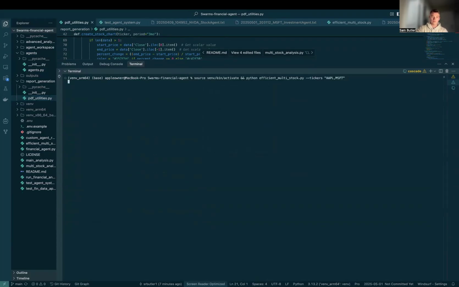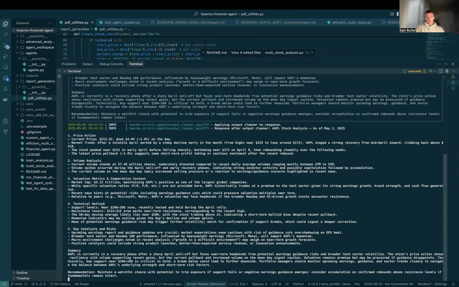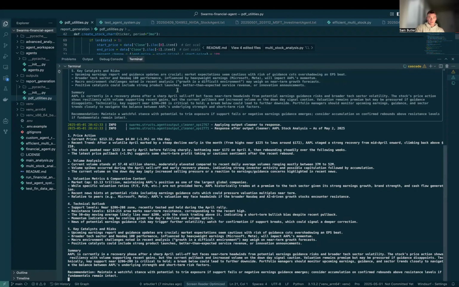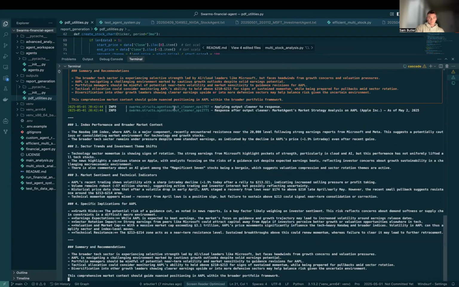So we're doing Apple and Microsoft, and it's downloading price data from Yahoo Finance, the easiest way just to get the recent movements in price. All right, so you can see it's getting going on Apple here. Valuation comparisons, summary and recommendations, AI cloud leaders.